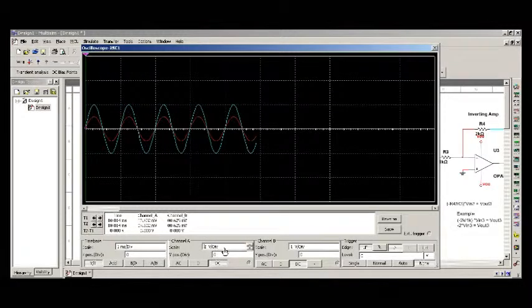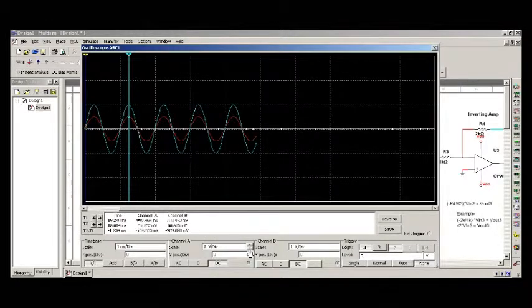The scaling for the input channel is 2 volts per division, and it's half of that division. Well, half of 2 is 1, so we can see here 999 millivolts, that's 1 volt, and same thing for our output, 998 millivolts, that's a volt.